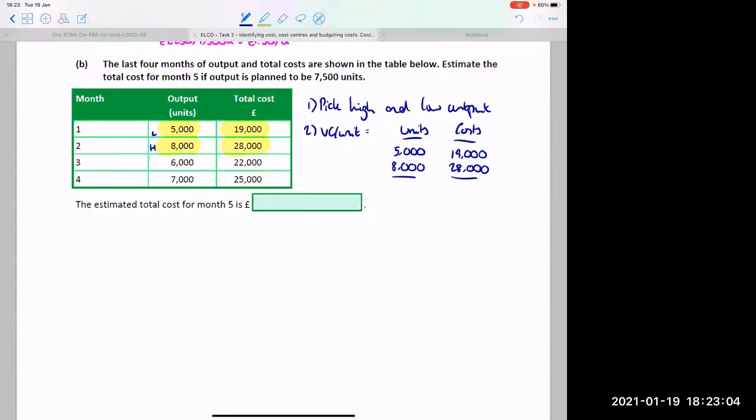So 3,000 units is the difference. And in terms of costs, the difference is 9,000. Variable cost per unit then we work out as change in costs, which was £9,000, divided by change in activity, 3,000 units, to give us £3 per unit. So we're going to need that.